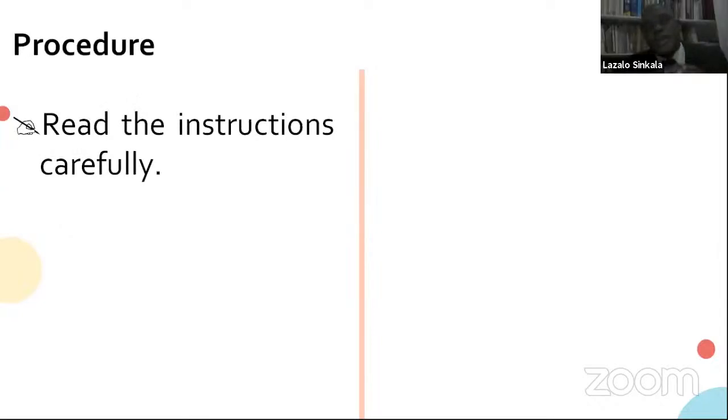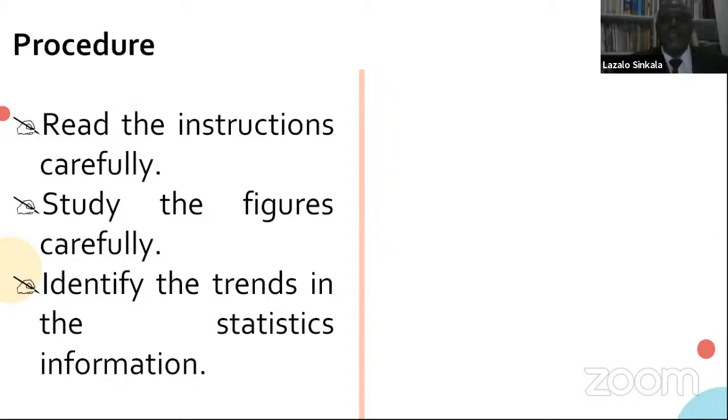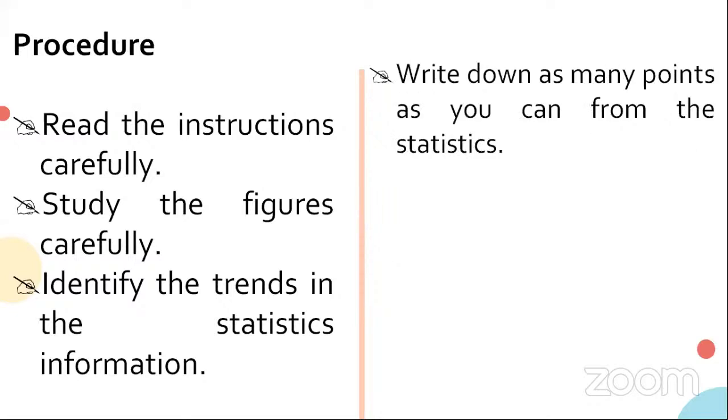Procedure. When you are given statistical data and a question, it is important that you read the instructions carefully, study the figures carefully, identify the trends in the statistical information, and write down as many points as you can from the statistics.